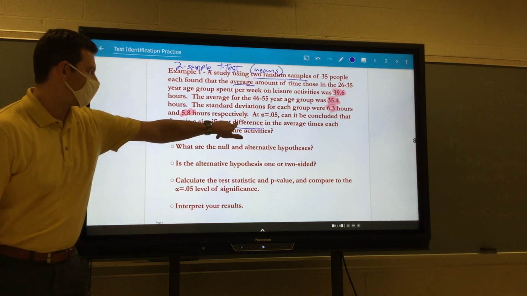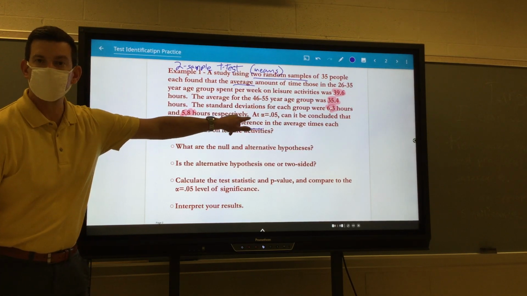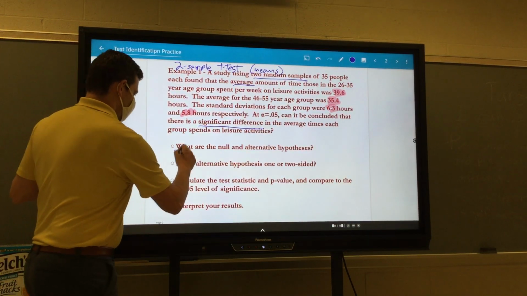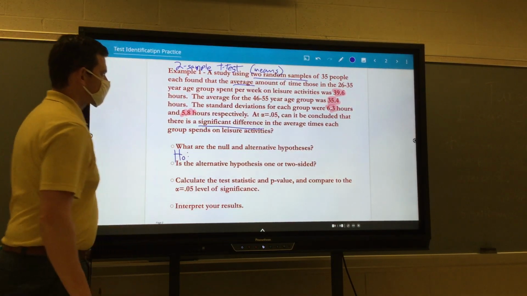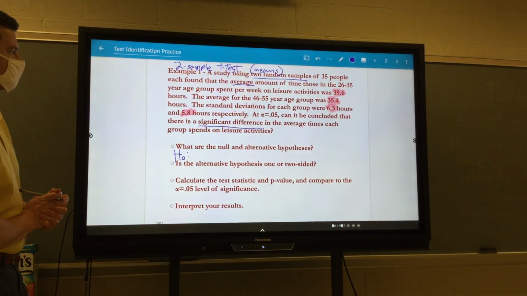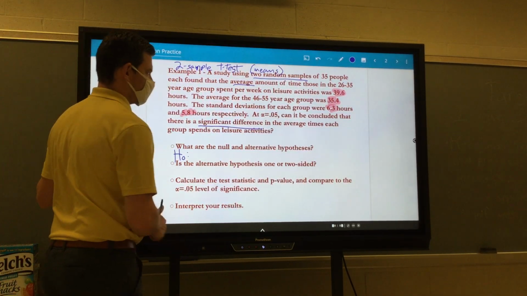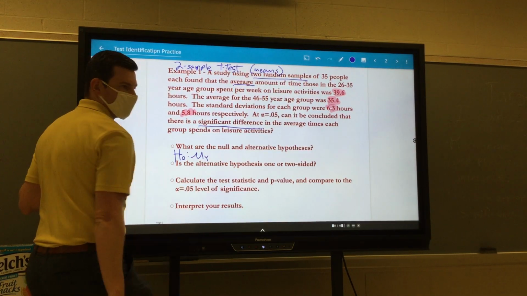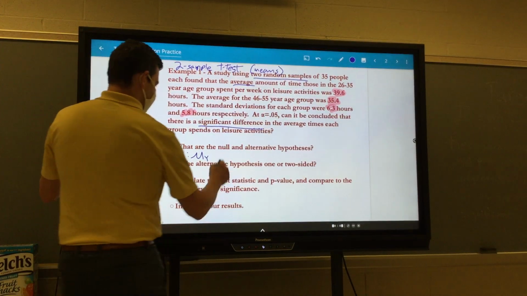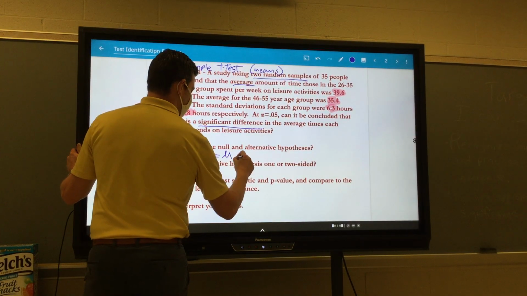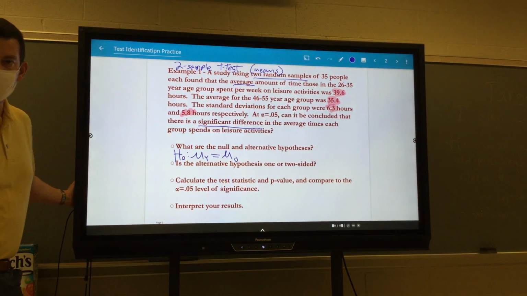Okay. Here's the key word that helps us indicate the direction of the alternative hypothesis. So, null hypothesis: the average amount of time spent on leisure activities for this younger group, 26 to 35 years, we'll call it mu sub y, y for younger, is the same as the average for the older group, mu sub o.